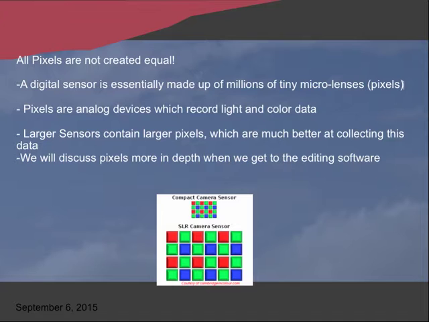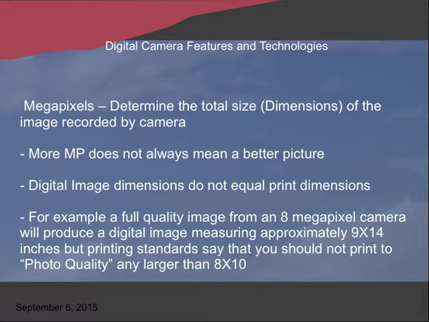As I said, we're going to discuss pixels more in depth when we get into the editing software. But as you can see, in the comparison of a compact camera sensor as opposed to an SLR camera sensor, the larger sensors contain larger pixels, which in the end are better at collecting the data and give you a better image.